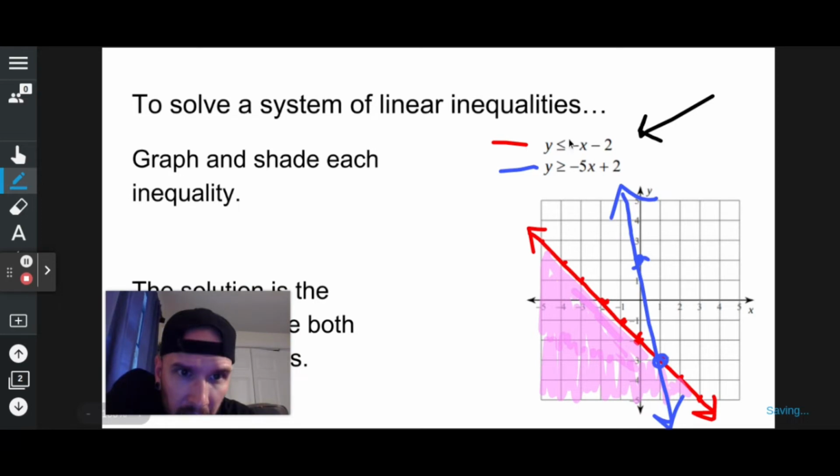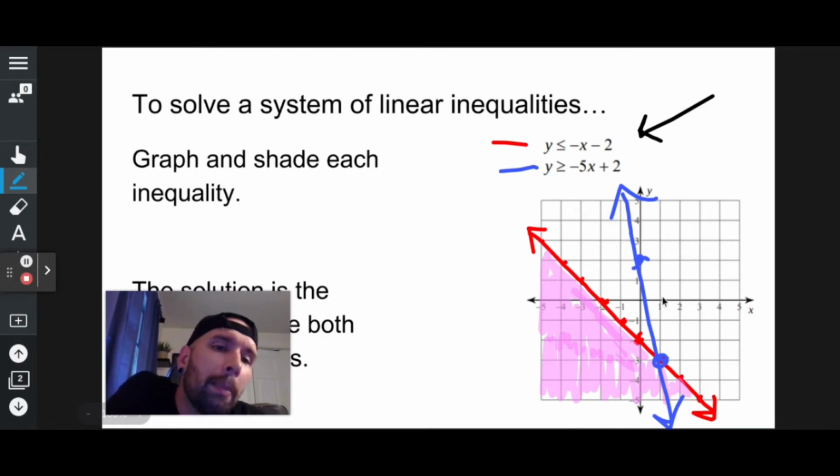And in this case, I care where everything is shaded above the line. Now, this is difficult to draw out when you have a very steep line like this. But if this is a mountain, which side would you be climbing? You wouldn't be climbing this left side because you would be inside the mountain.